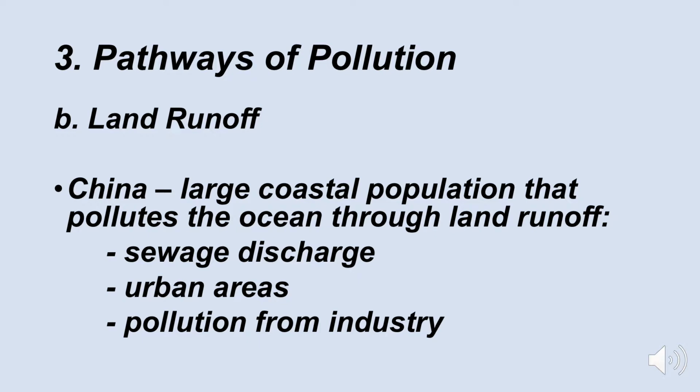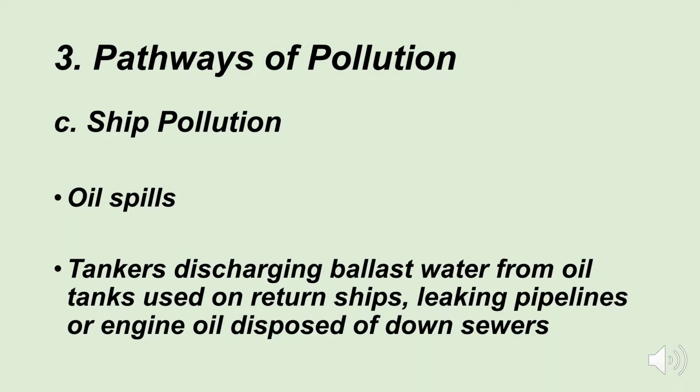Another pathway of pollution is ship pollution. We've got ships all over the planet. Ships have oil spills, if we talk about oil tankers. But regular ships also use a liquid fossil fuel. You get oil spills. Tankers going around the planet have ballast water.